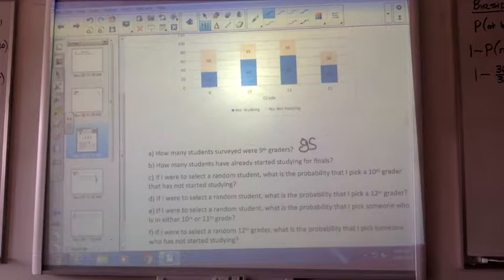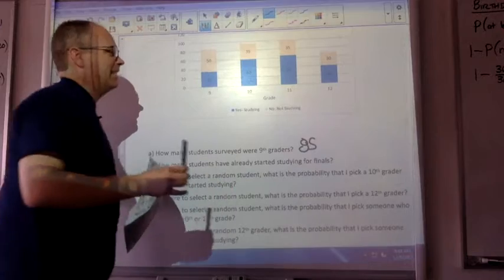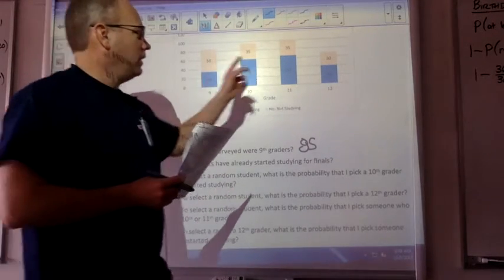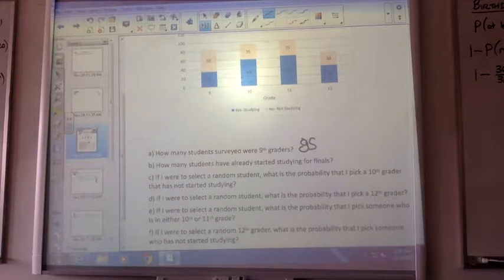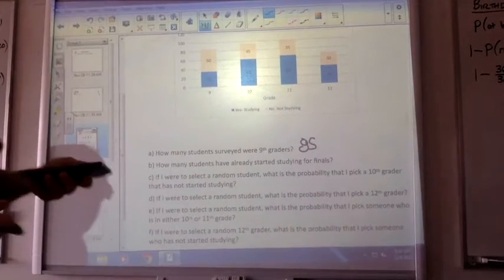How many students have already started studying for finals? So then we're going to add up the blue groups. So 35 plus 60 is 95. 95 and 65 is 160. Hang on.